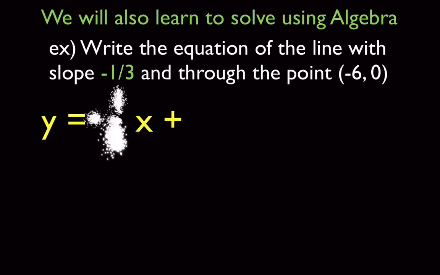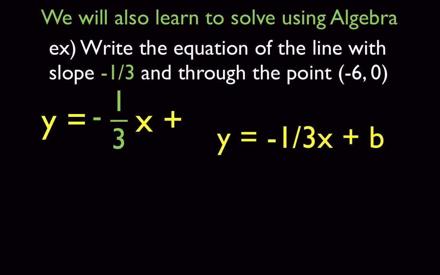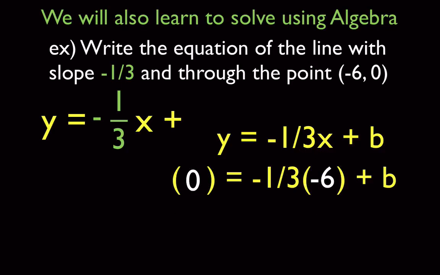Okay, so beginning here, our slope is -1/3, which means our equation is y equals -1/3 x plus b. First thing we're going to do is substitute in our x and our y, so pause the video while you do that, if you haven't already. Alright, so my x is -6 and my y is 0, making sure they're in the correct place.